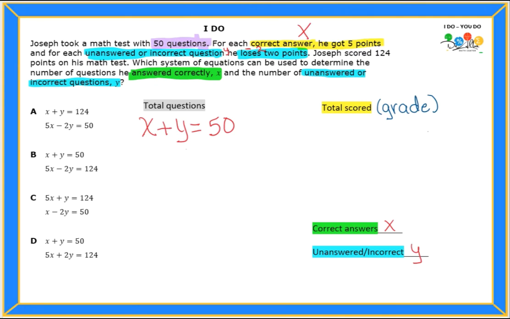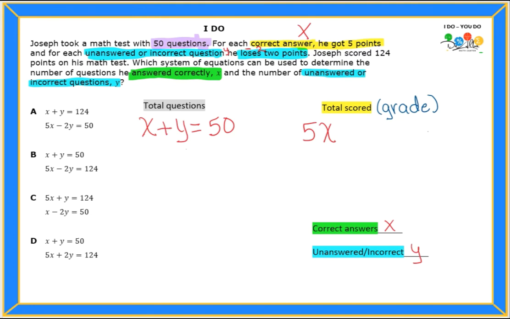Okay, so very important that you write labels, guys. Very, very important. So how is he going to get the score? Well, he's going to get 5 points for every question that he gets correct. So I'm going to write down 5x. Is that right? That's 5 points for the number of questions that he gets correct. Okay, what about the 2 points that he's losing?